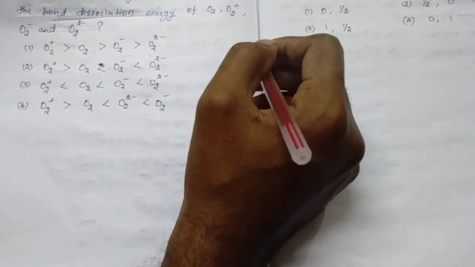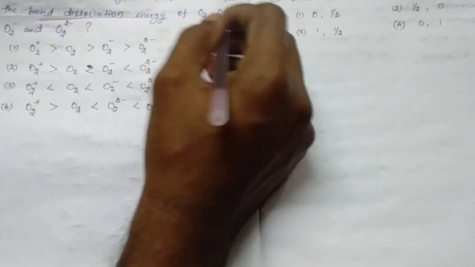Which of the following orders is correct for the bond dissociation energy? So this is a different pattern. Bond dissociation energy of O2 2 plus, O2 minus and O2 2 minus. We need to calculate the total electrons for the species: O2 plus, O2, O2 minus, O2 2 minus.